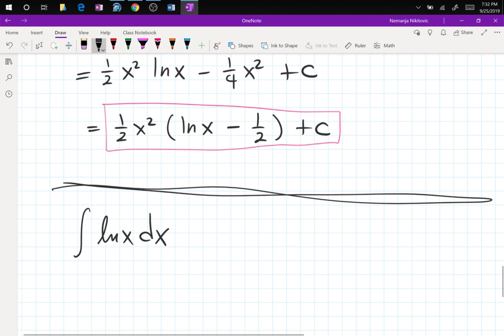Go ahead. Have fun. Yeah, this has a u and a dv in it. So it uses x.